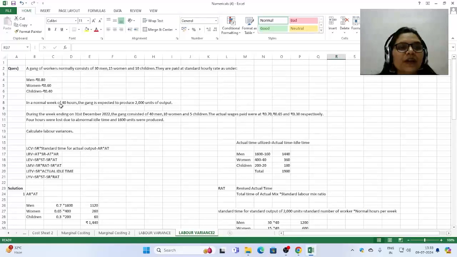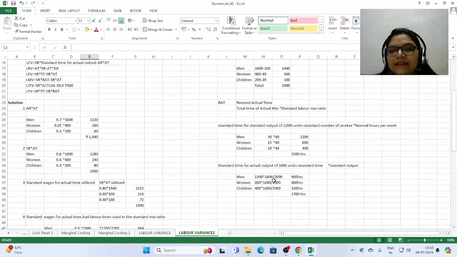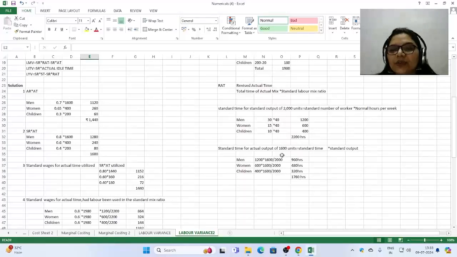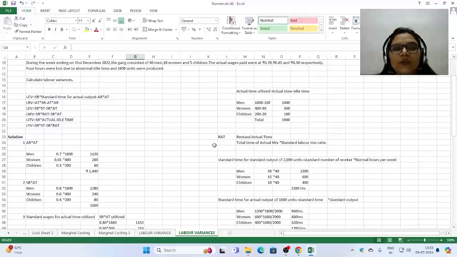600, 1200, that is 30 into 40, 1200, 15 into 40, 600, and 40 into 10, 400. Then 1600, we all know, divided by 2000. 2000 is the total labor composition, 1200, 600, and so on. So this is 2000, the standard unit of outputs.